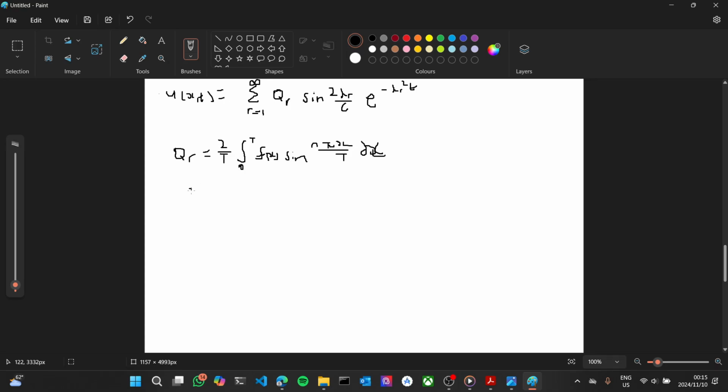Okay, so let's input everything. 2 over 2 from 0 to 2, 25x sine n becomes r pi of x over T dx, sorry.